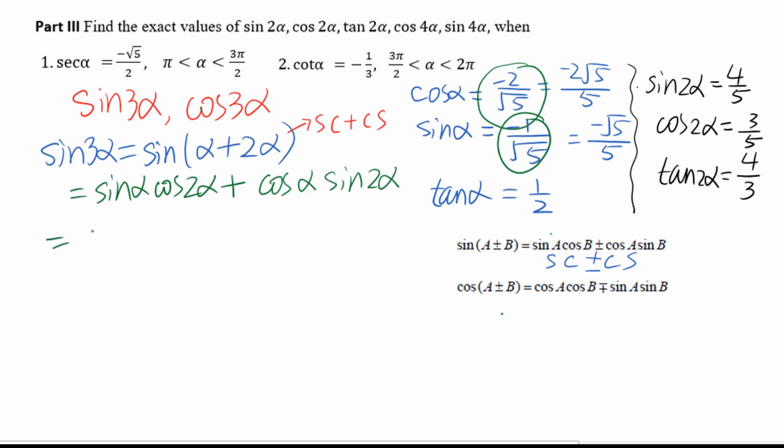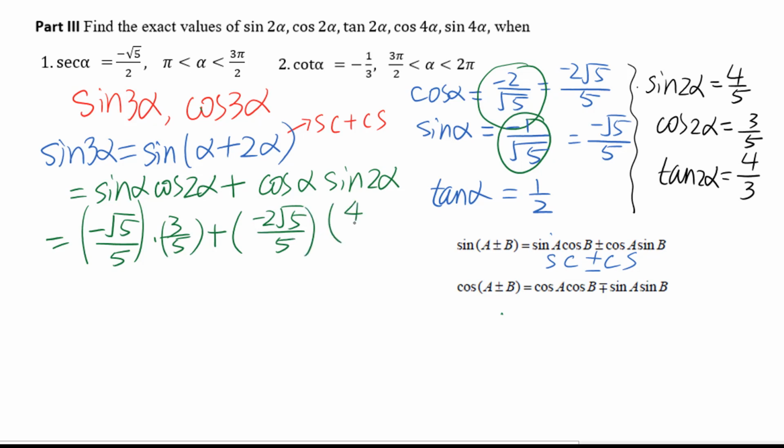Therefore, we plug in sine alpha, that is negative square root of 5 over 5, times cosine 2 alpha, that is 3 over 5, plus cosine alpha, that is negative 2 square root of 5 over 5, times sine 2 alpha is 4 over 5.